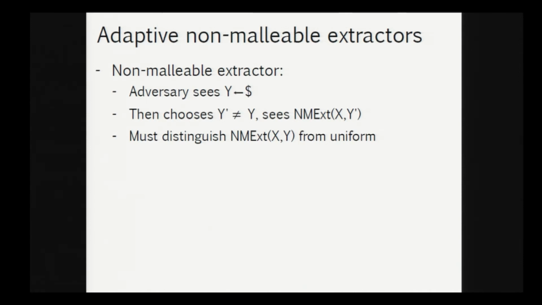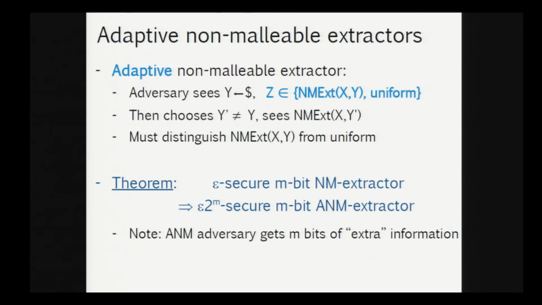Recall a non-malleable extractor. The adversary sees a seed Y for the extractor. She chooses a new seed, sees the output of that, and then has to distinguish the output on the original seed from uniform. With an adaptive non-malleable extractor, the change is that the adversary actually sees what she has to distinguish first.